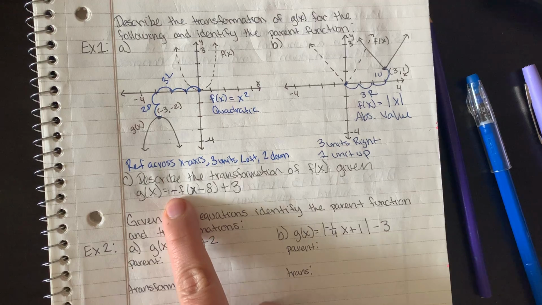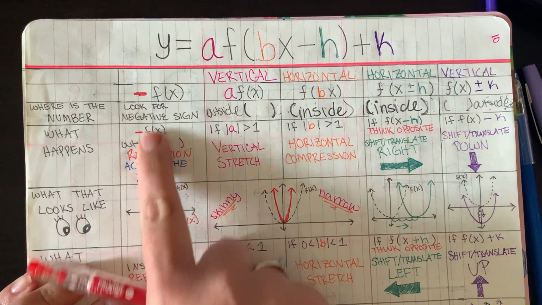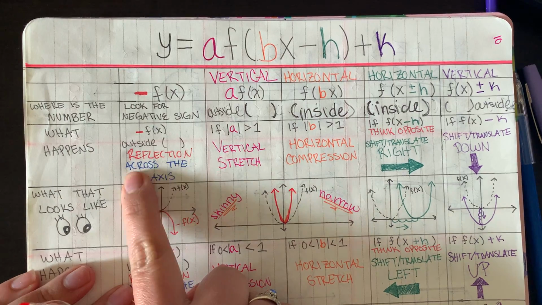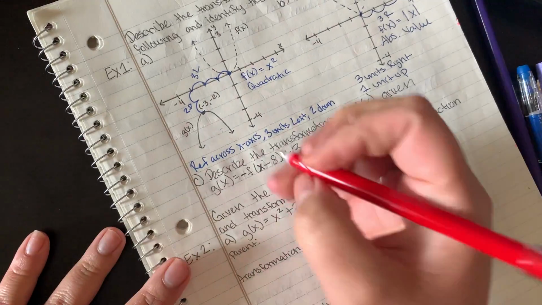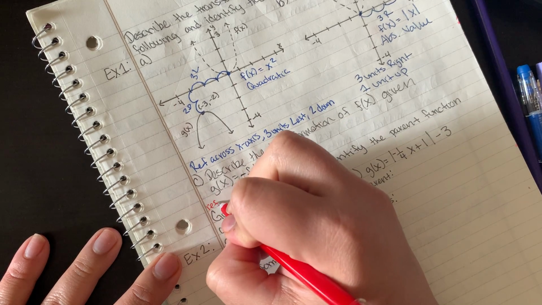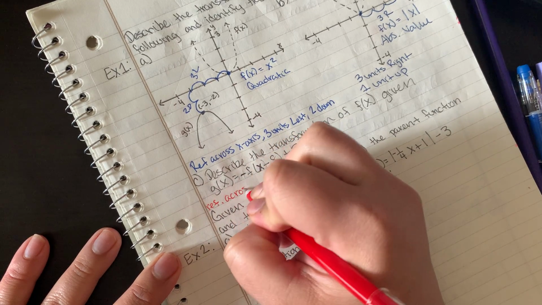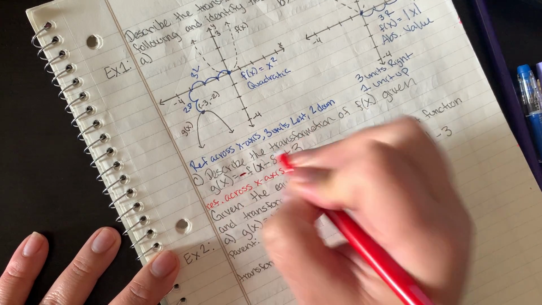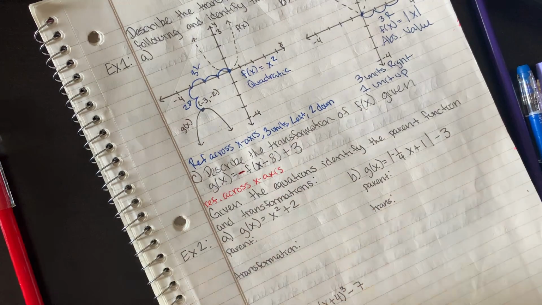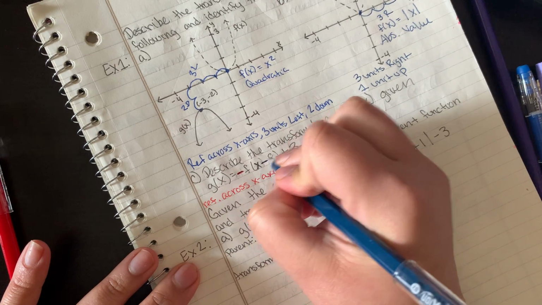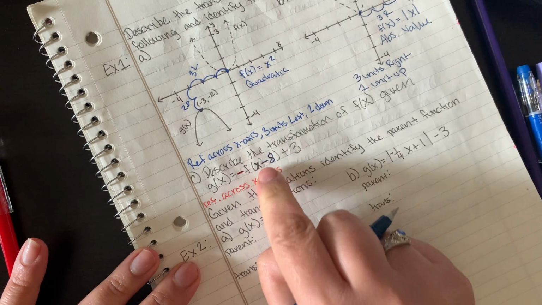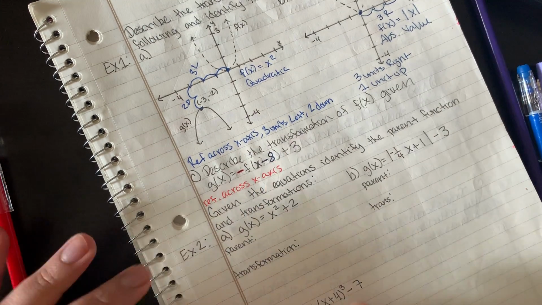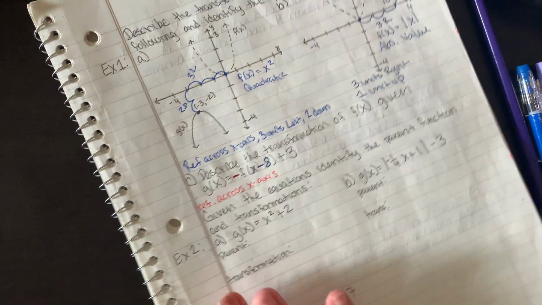So I'm going to do this negative first, and this negative is on the outside, negative outside, so it's a reflection across the x-axis. This is a negative right there. Then we have this minus 8, which is inside my parentheses, and I'm subtracting.